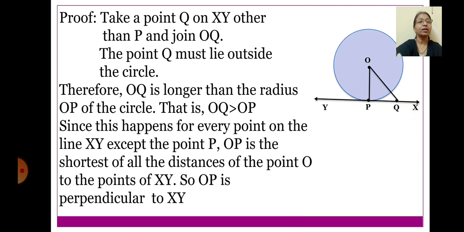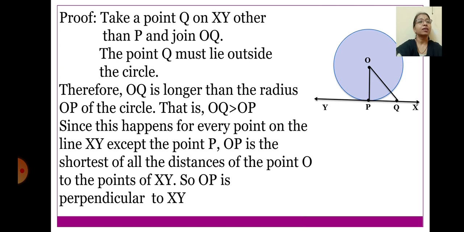Why is OP perpendicular to XY? Because we know that the perpendicular distance is the shortest of all the distances. And here if we take any other point on this line XY, every time you will find this OP distance is the shortest distance.